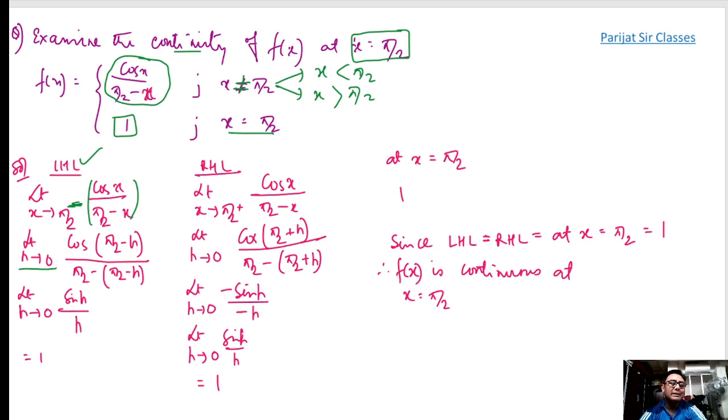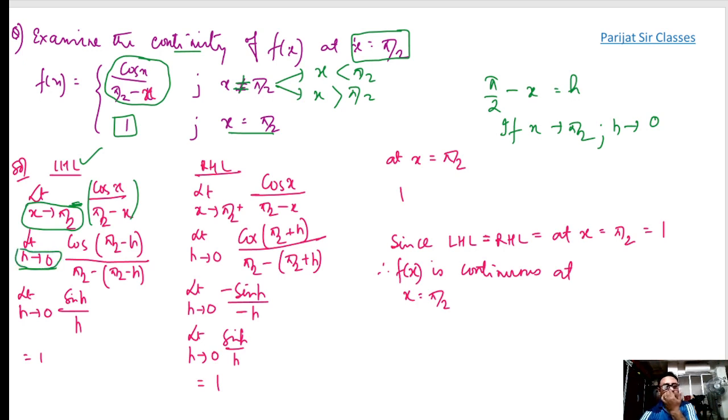Now this is x tends to pi by 2, correct? Please watch here. If I take pi by 2 minus x as h, so if x is tending to pi by 2, isn't h tends to 0? Please note, if x is tending to pi by 2, my h should tend to 0.